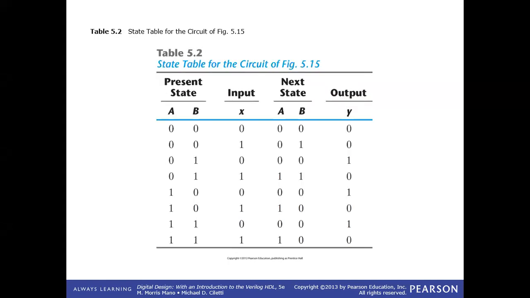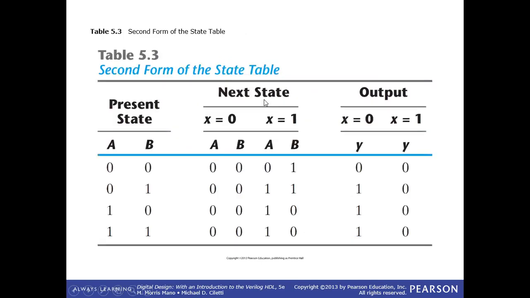Yes, he's right. So we have this state table for the sequential circuit example that we discussed in the class. Here it represents the present state and the next states and the input and the output. This is the second form of the state table, where the present state and next states are written in the form where x is equal to 0 and x is equal to 1 cases are discussed in parallel.